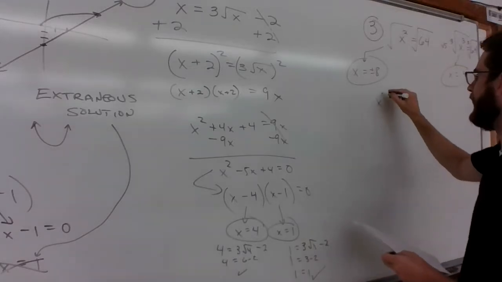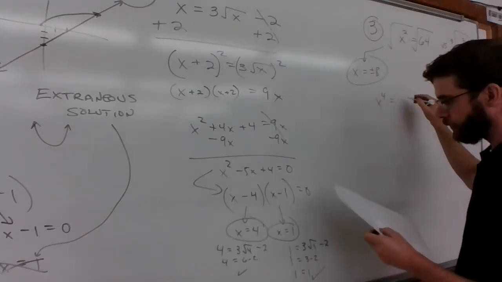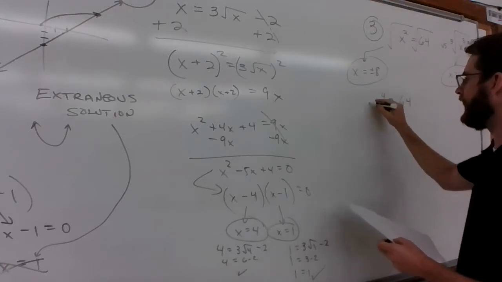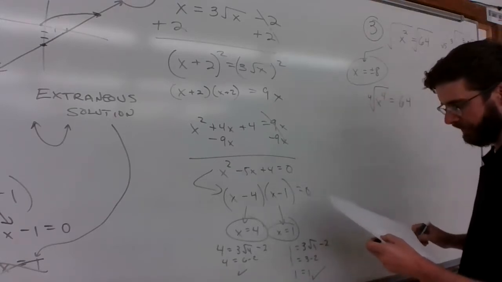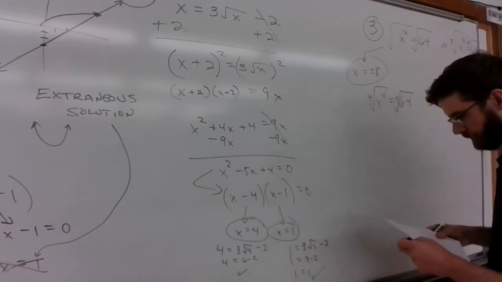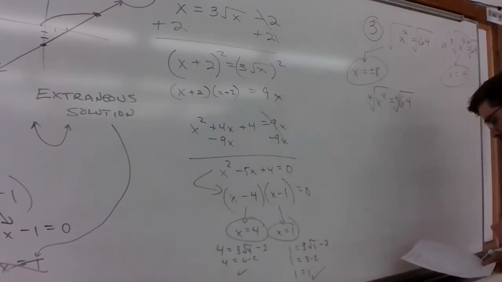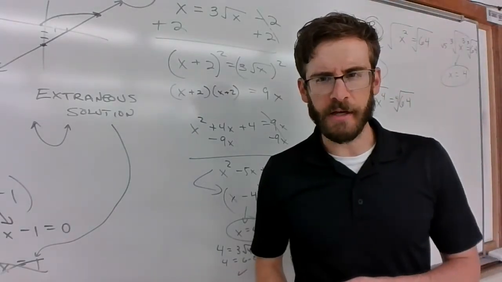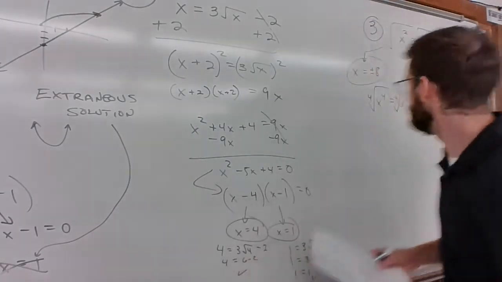What if we had x to the 4th equals 64? All right, so what happens when you 4th root something? I think I might have meant something else. That's okay.